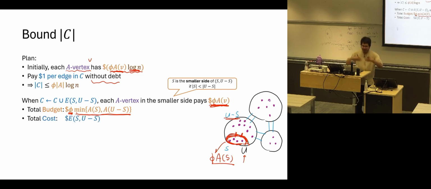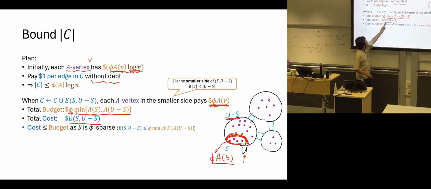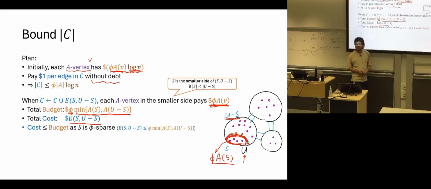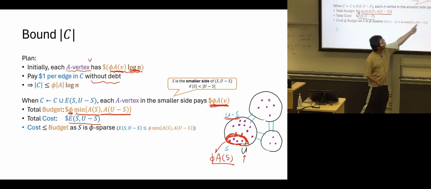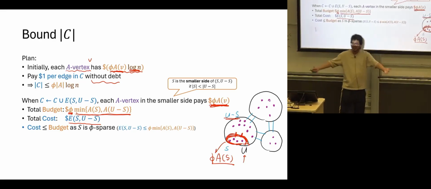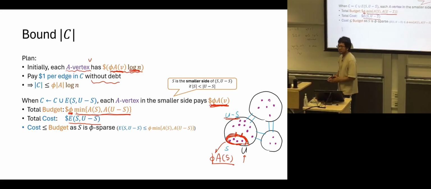But the cost we need to pay for C is just the number of edges crossing the cut. I claim that the cost is at most the budget we have. Why? Because S is 5-sparse, so the number of edges, which is the cost, is at most the budget. So we have enough money to pay for the cost.